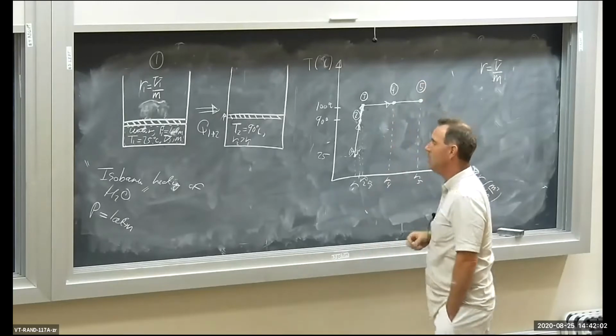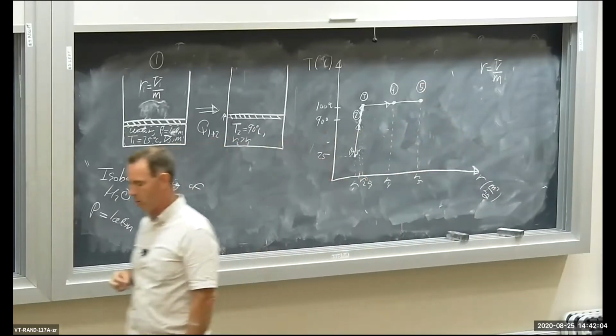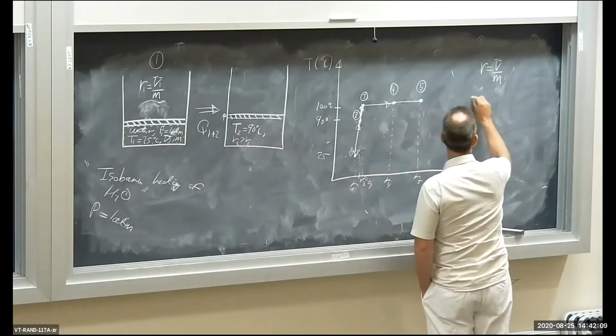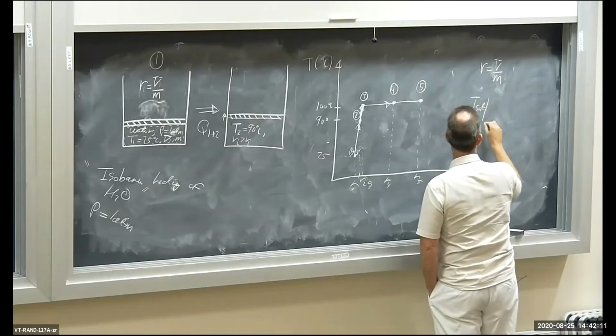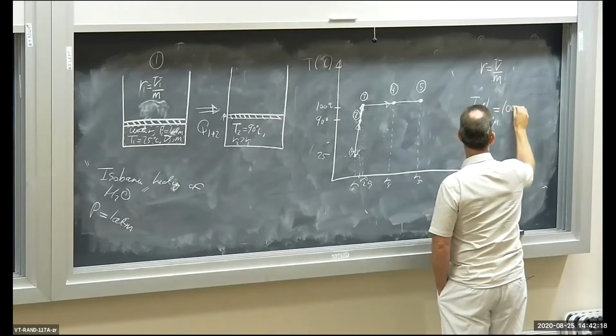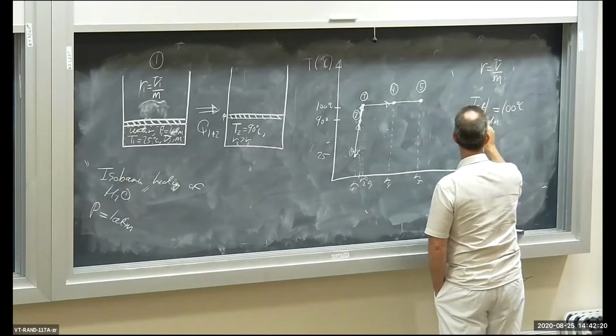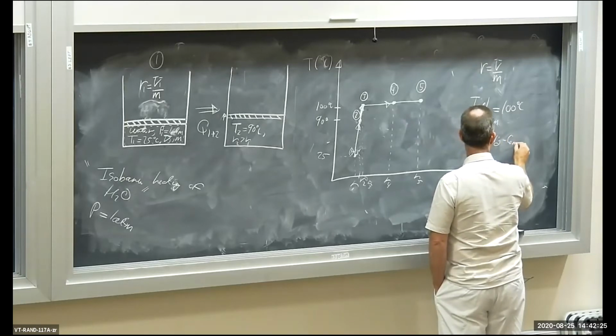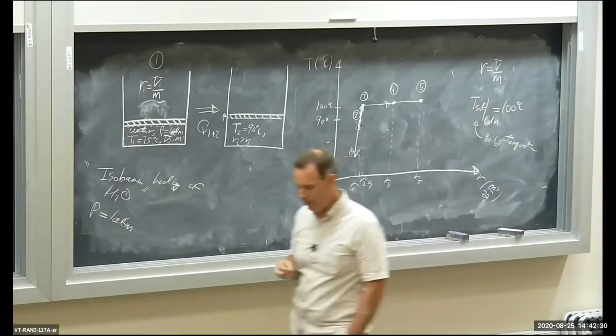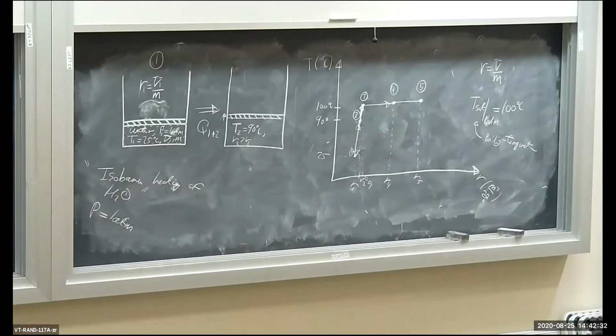And we're still at Tsat, 100 degrees C. Tsat at 1 atmosphere is 100 degrees C. And what I mean by that is boiling temperature. Boiling temperature, 1 atmosphere, 100 degrees C by definition, okay?